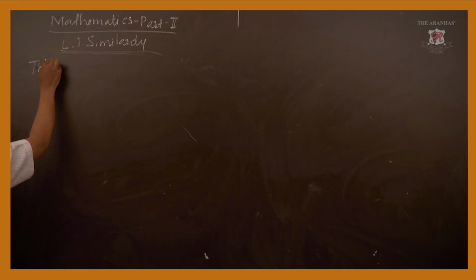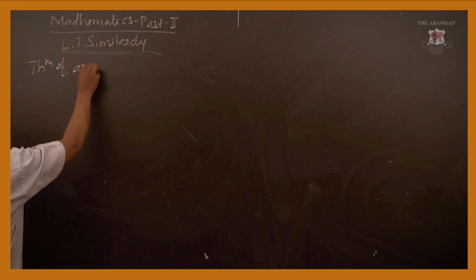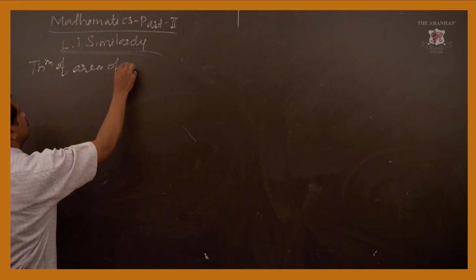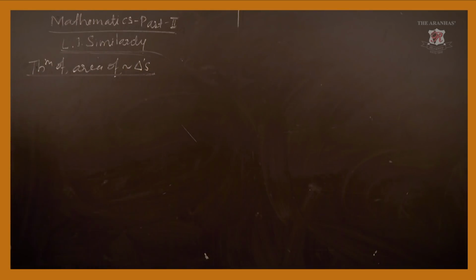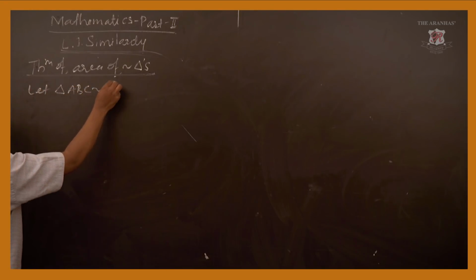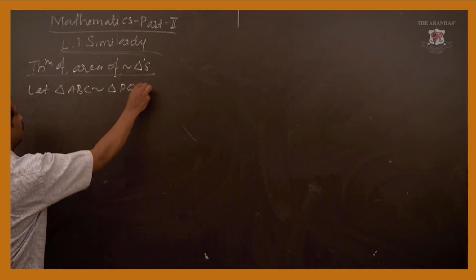The theorem of area of similar triangles: suppose triangle ABC is similar to triangle PQR.